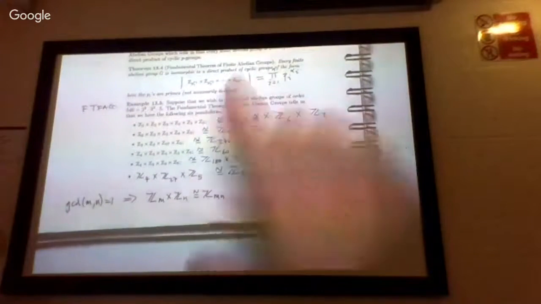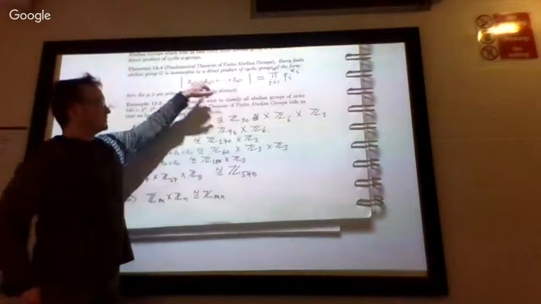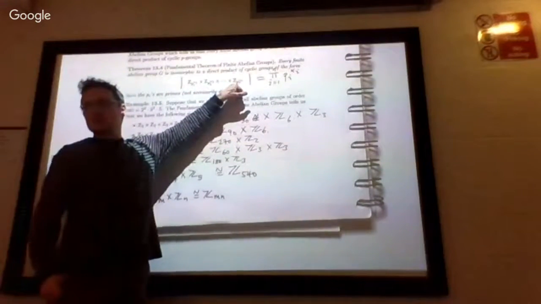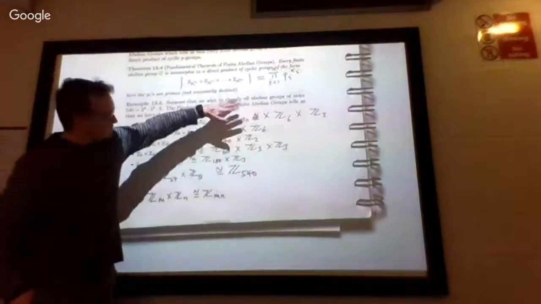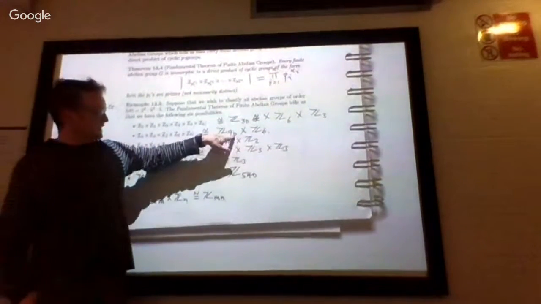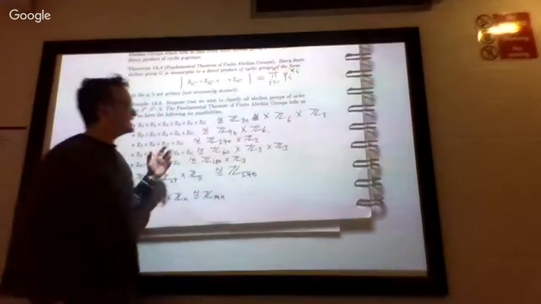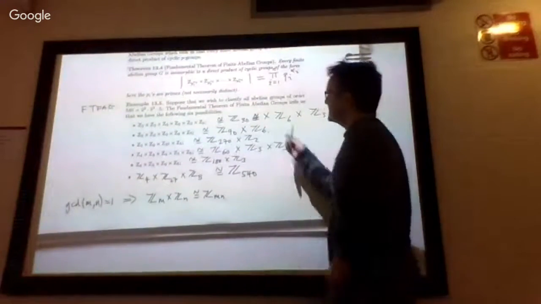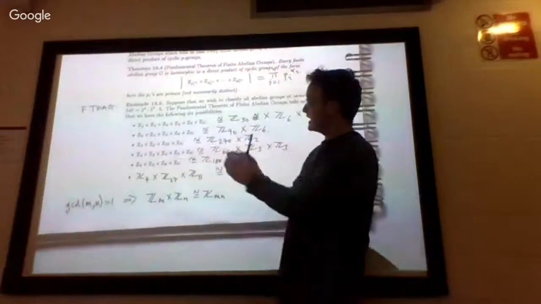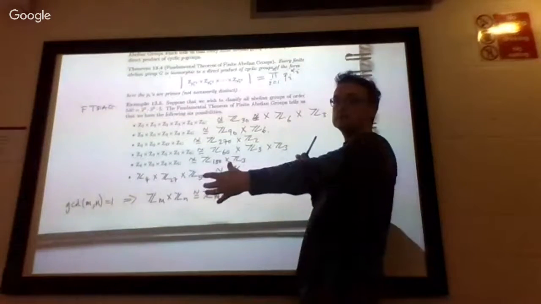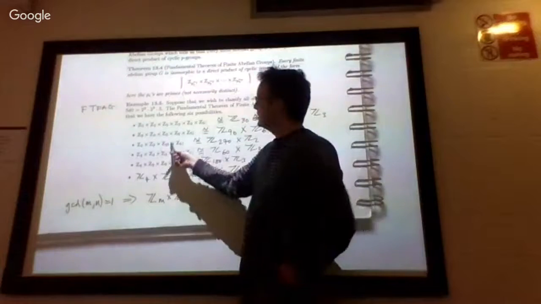Remember, the theorem declares the standard form for these finite abelian groups is a direct product of cyclic groups, each of which has prime power order. Well, that's not the representation we're using here because we have lots of non-prime numbers. But it's just another alternative way where you make the direct products as short as possible. This way makes the direct products as long as possible. None of these can you split up anymore.